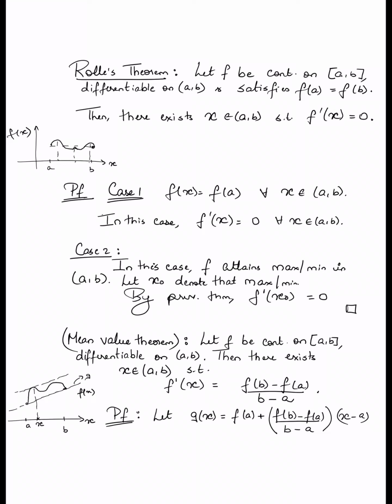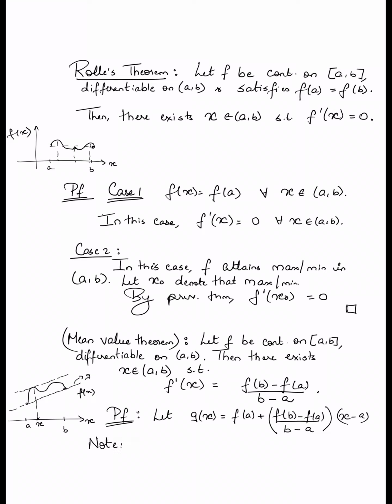Check that it's of course linear with respect to x. At x equal to a, g(x) is equal to f(a), and at x equal to b, g will take the value f(b). Okay, so that's an easy thing for you to check. So g is defined as follows over the entire interval.